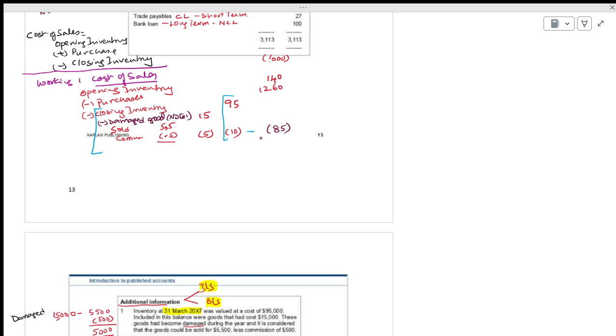You have sold it for 5,000. The total loss will be how much? 15,000 minus whatever you have sold it for. That is the income for you, that is recovery. The balance is the loss. Closing inventory will be 85. Are you clear about this?